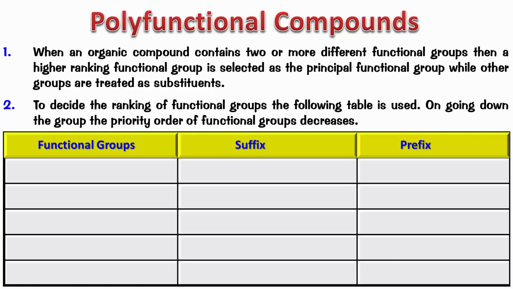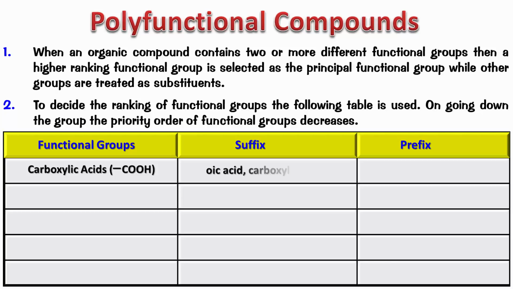The group which has the highest ranking is carboxylic acid, COOH. When it is used as a suffix, we already know that if it is an acyclic chain, we call it oic acid. If it is a ring, we call it carboxylic acid. We even call it carboxylic acid when there are more than two COOH groups present in an acyclic chain.